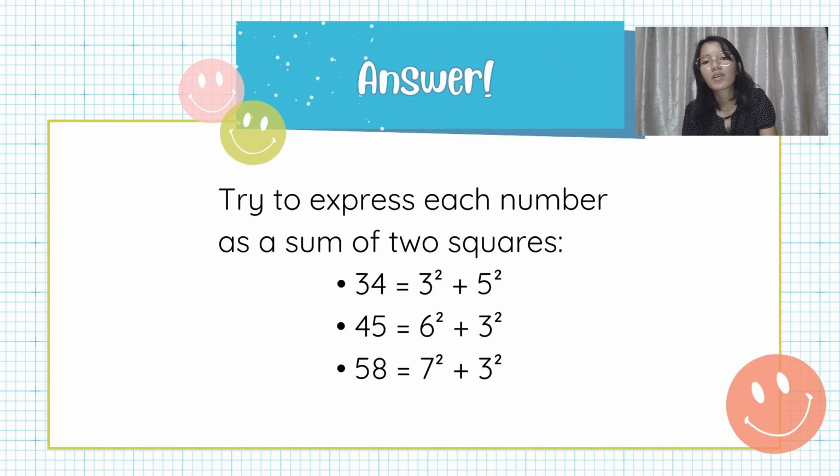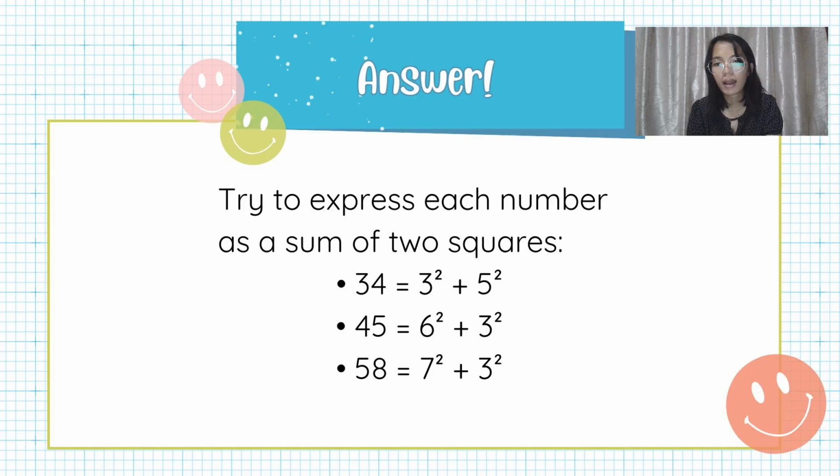For 34 we have the square of 3 and the square of 5. The square of 3 is 9 and the square of 5 is 25. So 9 plus 25 is 34.